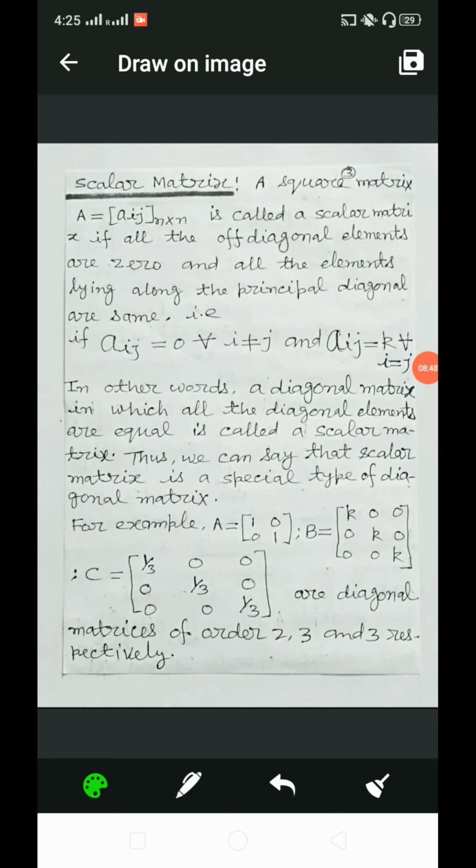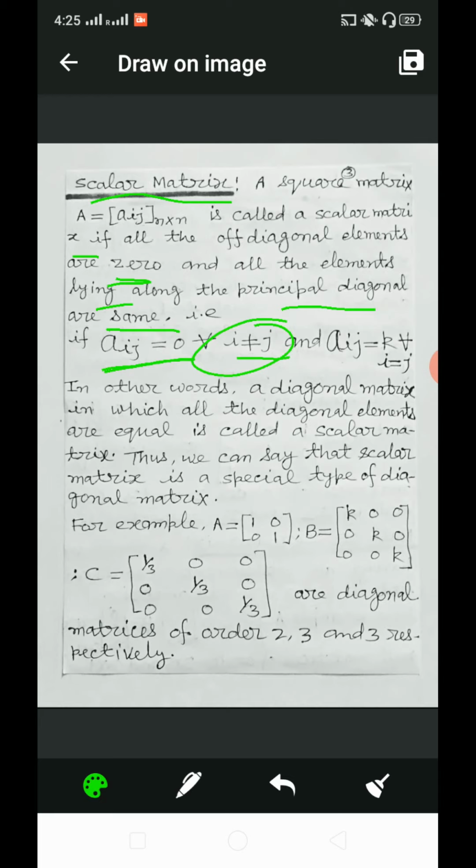Now we discuss the scalar matrix. A square matrix A equal to aij of order n is called a scalar matrix if all the off diagonal elements are 0 and all the elements lying along the principal diagonal are the same. That is, aij is equal to 0 for all i not equal to j, means if the number of rows is not equal to the number of columns.